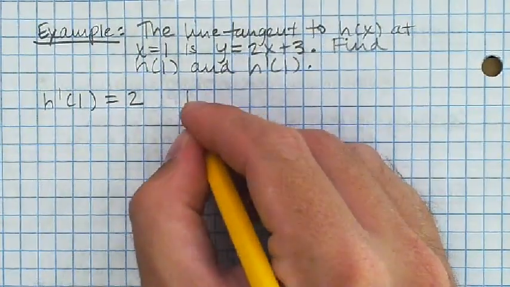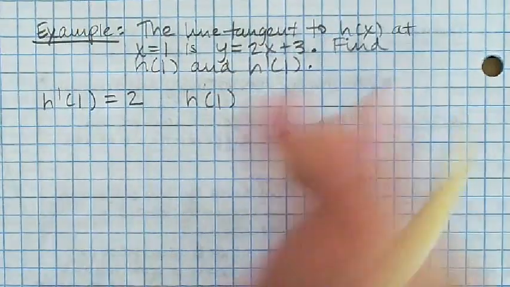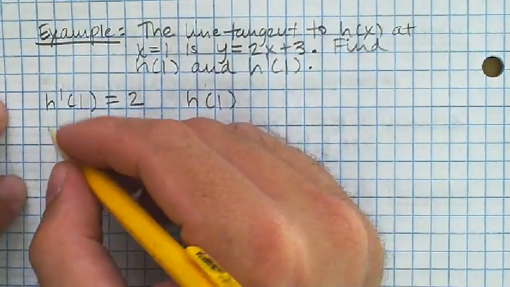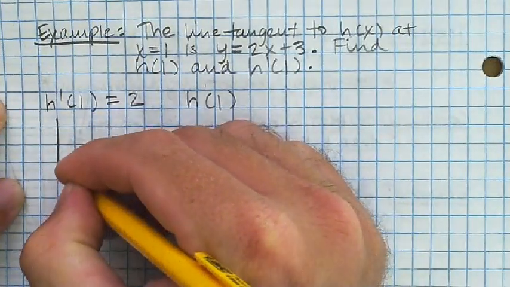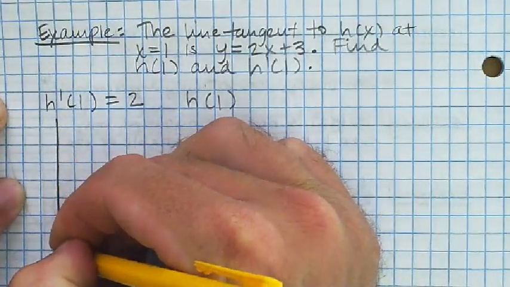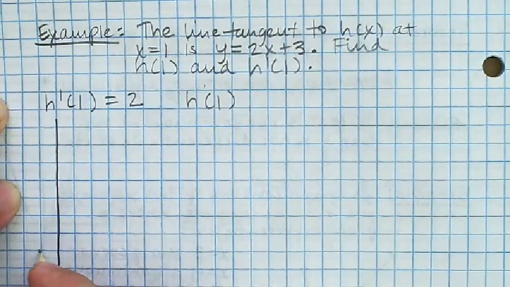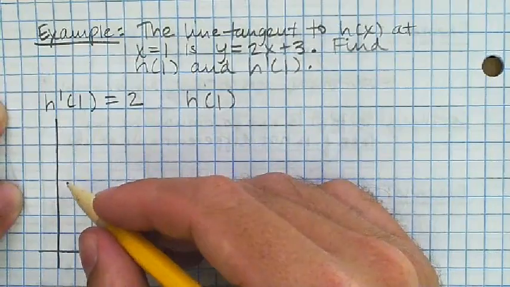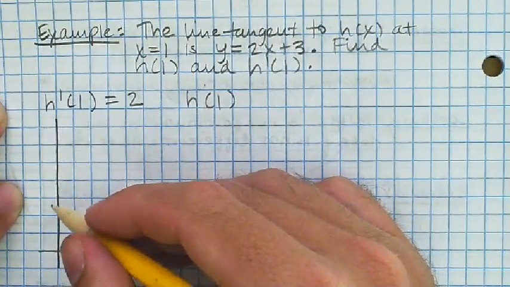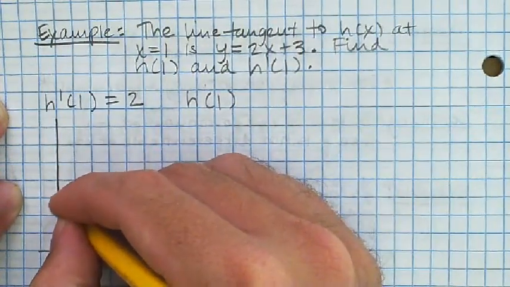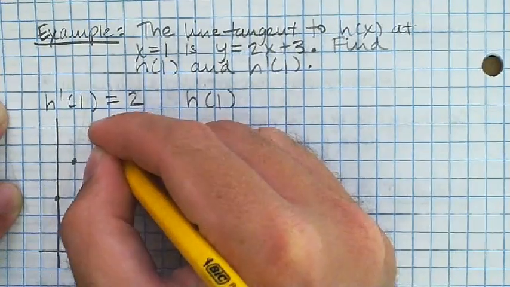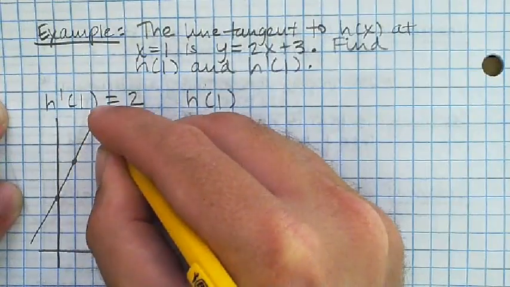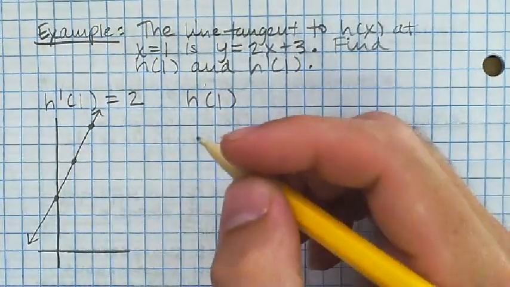Now, h of 1 is going to be like, well, okay. Suppose we've got, and maybe I could even draw probably more than we need, 2x plus 3, though. I don't really have enough information to say this is the tangent line.